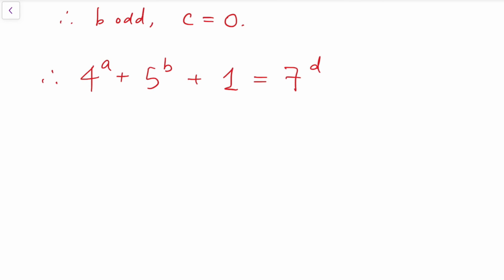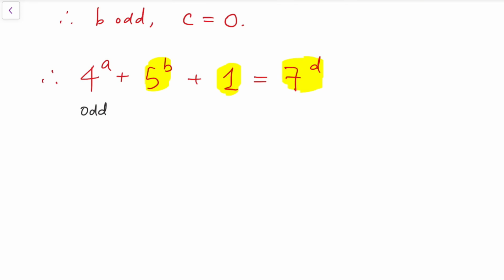Next, for these terms, I'm going to take a look at the parity. For these terms, 5 to the power b and 1, and 7 to the power d, they are all odd numbers, always, no matter what the exponents are. And so that means I must have 4 to the power a to be odd as well.